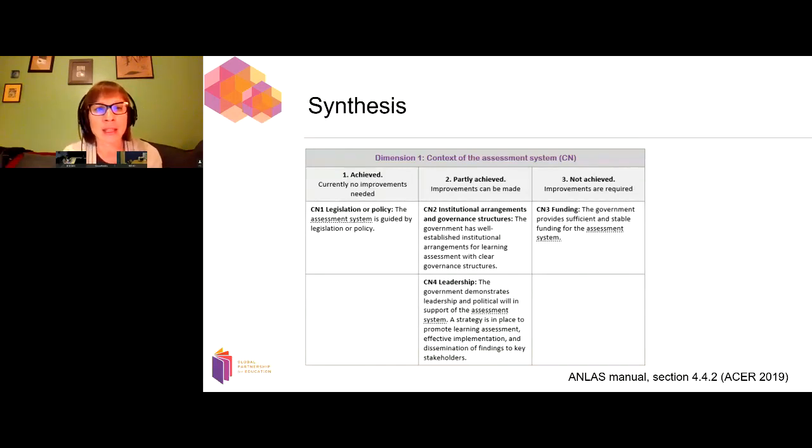And you can see that each key area and the quality objective is allocated according to its evaluation criteria. So this is an example only. So in your country, the result may look completely different, for example, for dimension 1. But this is what a synthesis table looks like. The next slide, please.